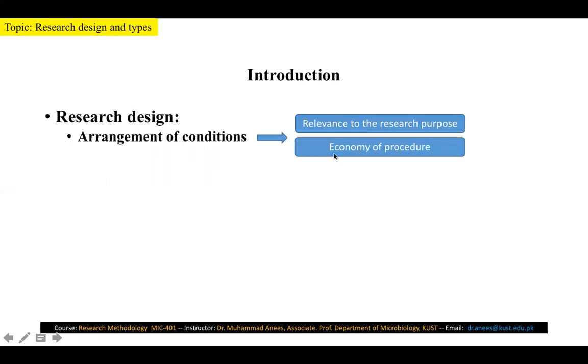And in this case, we also consider the economy of procedure in such a way that we collect the required data, and the required data is relevant, and that data is then used further by analysis and interpretation procedures.